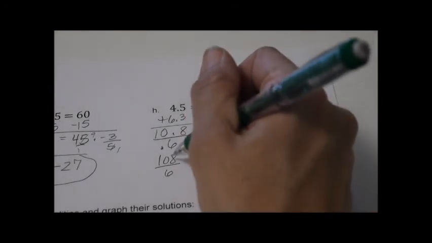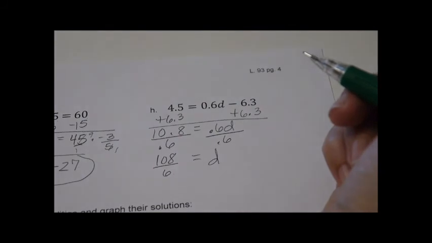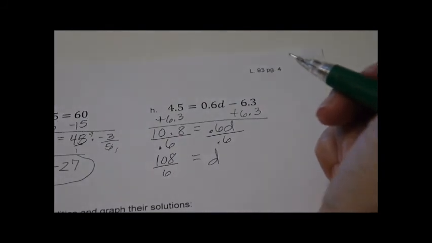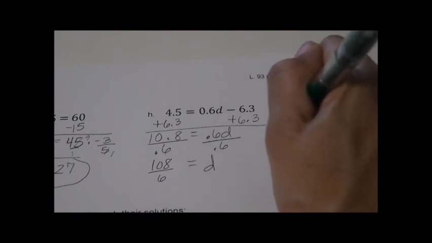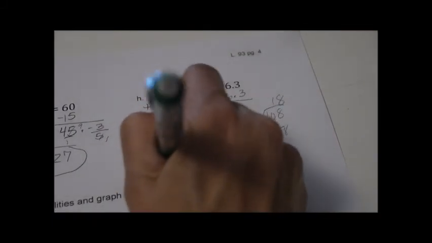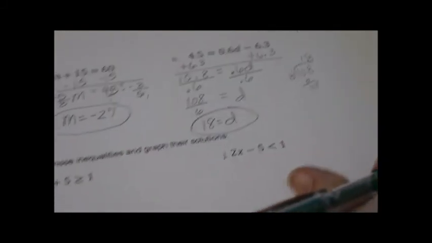That's the same as 54 divided by 3, right? Or you could do it mentally, or go off to the side and work it out. That didn't hurt too much, 18. So 18 equals d.